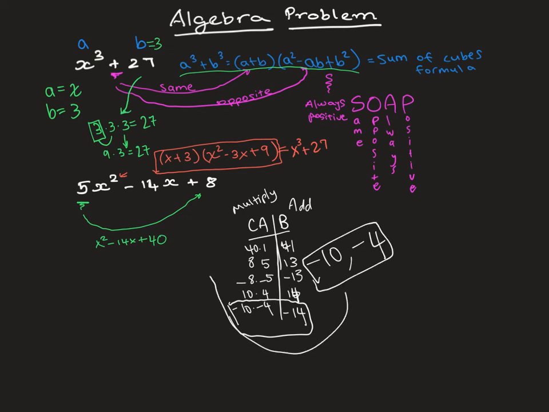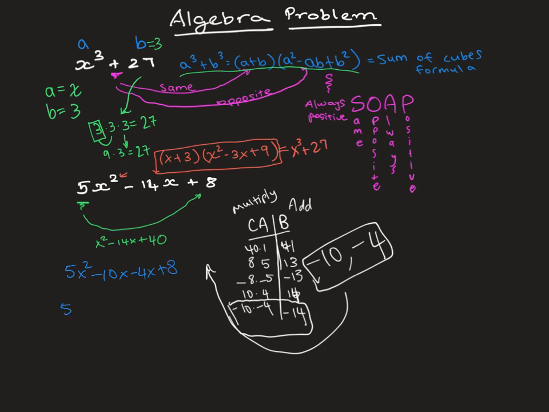Now you have to plug that back in. With our given equation, we bring back the 5, so we've got 5x squared. Now we split up the minus 14x: minus 10x minus 4x plus 8.